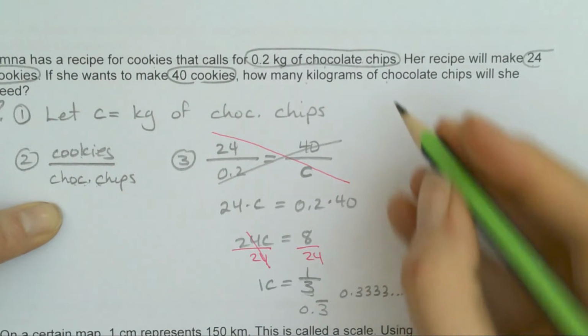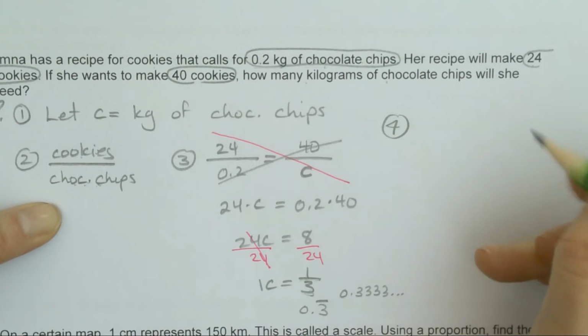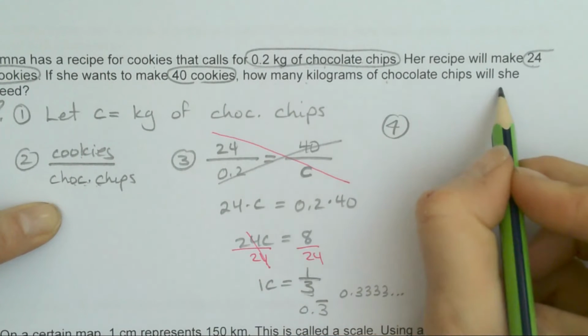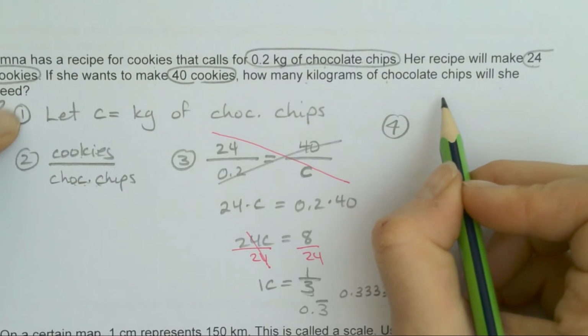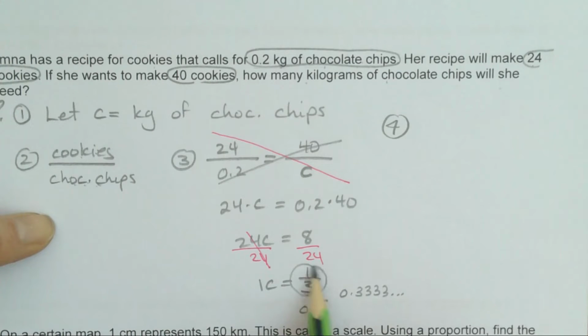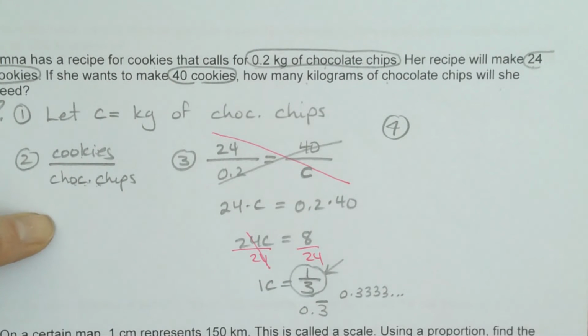Okay, so step 4, how many kilograms of chocolate chips will she need? Well, I'm going to choose 1 over 3 because I can say 1/3 of a kilo. And if I go to the souk and I say this, they're going to look at me like I'm crazy. This might be okay if I cut it there and say 333 grams, but I think this is easier.